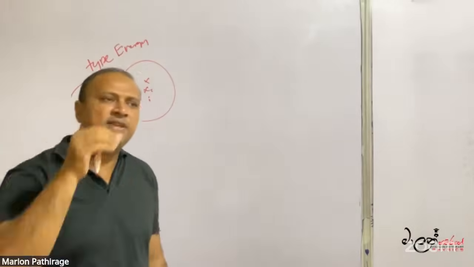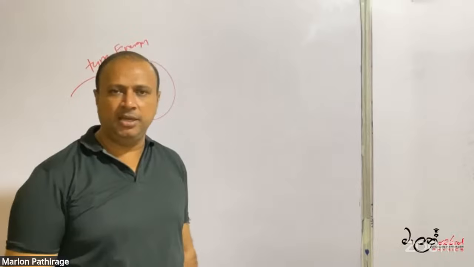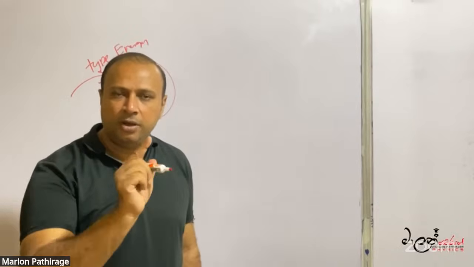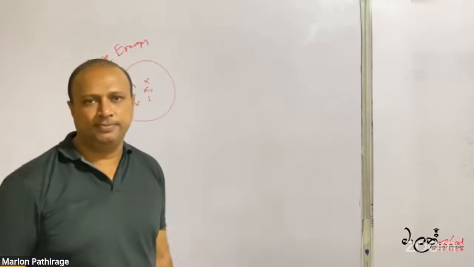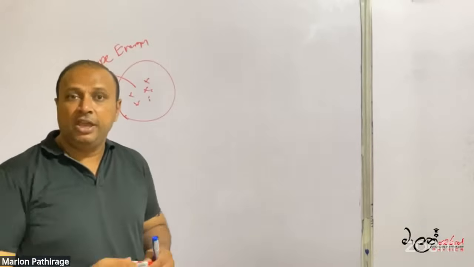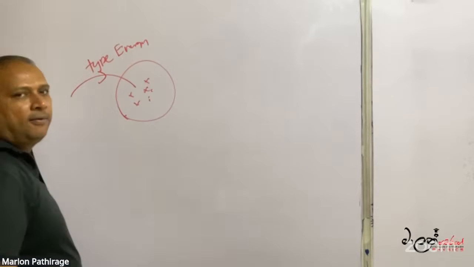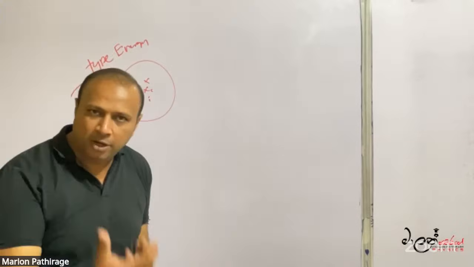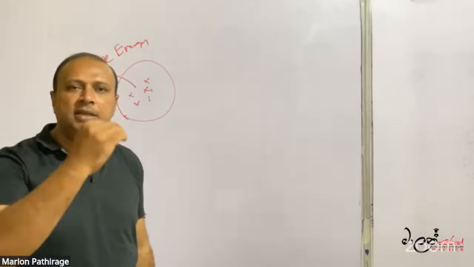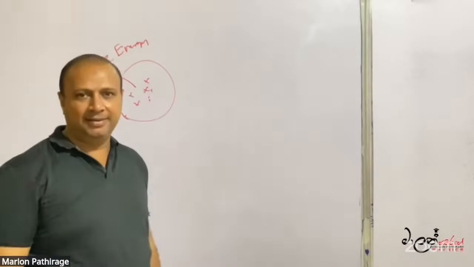If we supply heat energy, the internal energy of the object can be increased. If we remove heat from an object, the internal energy of that object will be decreased.